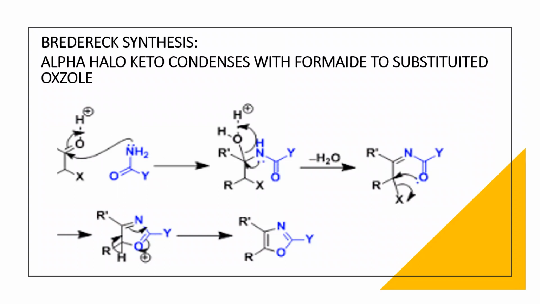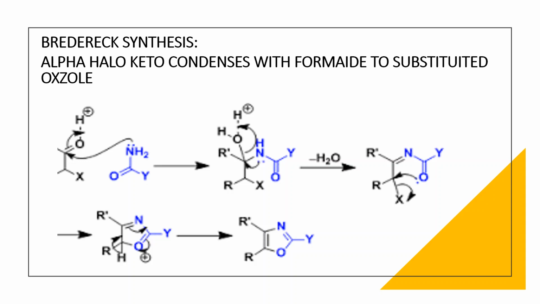Next is Bredereck's synthesis, where you take an alpha haloketone. You treat it with formamide. That is, formamide is HC double bond O NH2. It undergoes condensation reaction to give you a substituted oxazole.